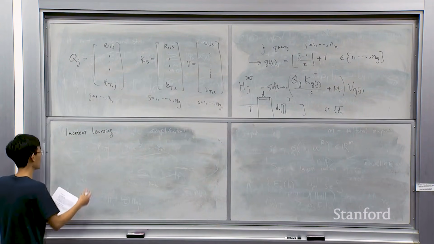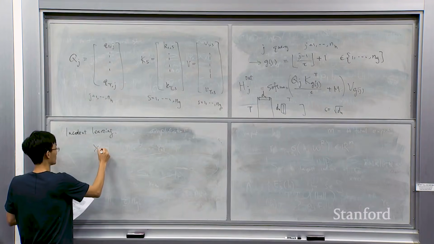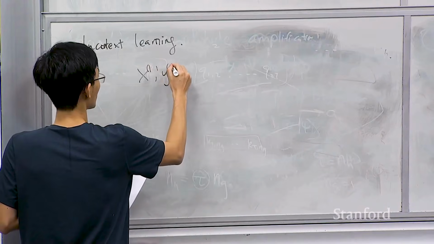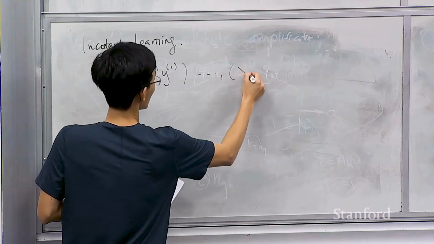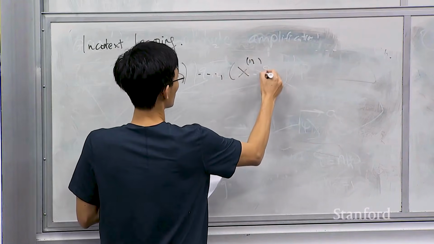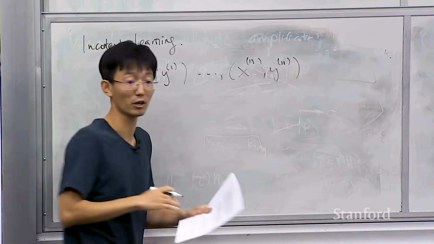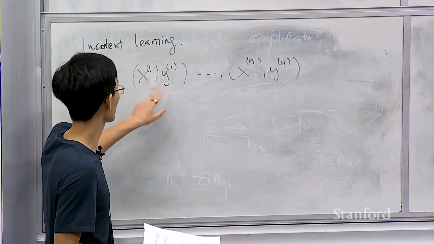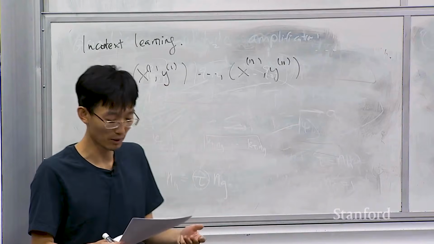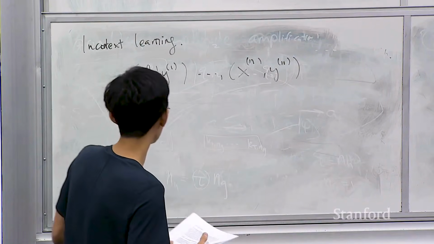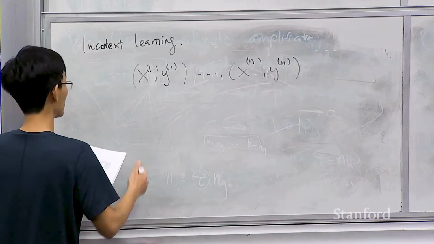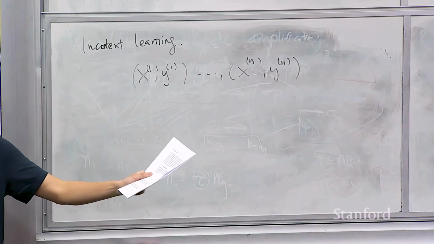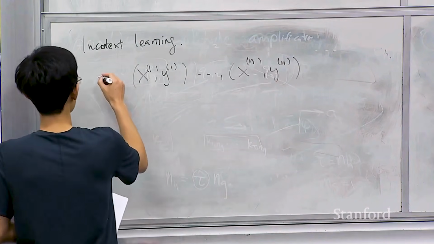Let's say you have some examples x1, y1 up to xn, yn. This is a downstream task. You have already trained your large language model. How do you make sure your model can predict y given x? The way people do it with in-context learning is that you literally just concatenate all of this into a sequence of tokens. So you just concatenate.